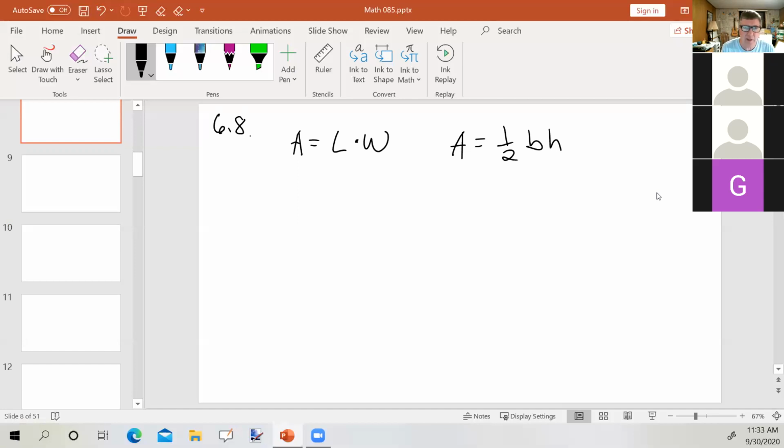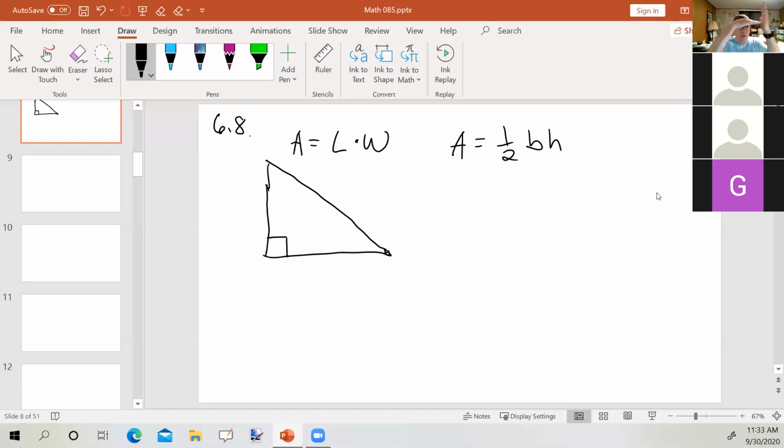Thirdly, I want to look at something called the Pythagorean theorem. You may have learned about this before, but if not, here we go. If we have a right triangle, that's a sad looking triangle if I do say so myself, that is a triangle with one right angle.